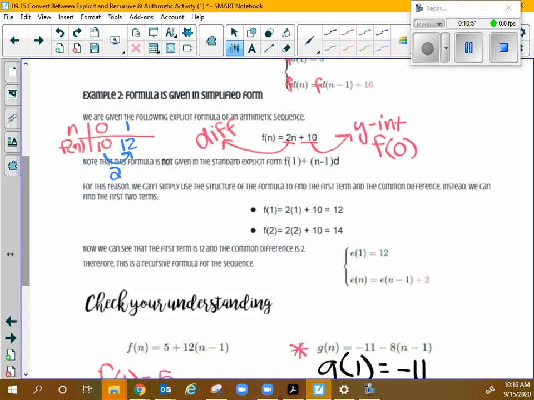Okay, so I could say now f of 1 is 12, and so f of n equals f of n minus 1 plus 2.